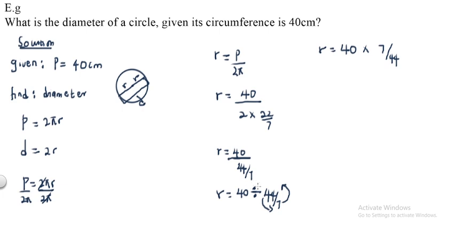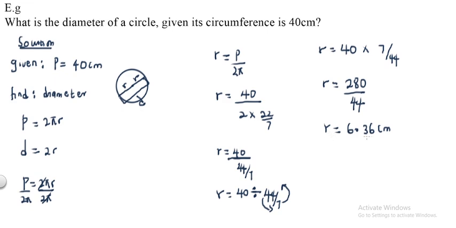Notice that after this division sign, I switched the denominator with the numerator, so that r is equal to 40 times 7, which is 280, divided by 44. Now 280 divided by 44 is 6.36 centimeters.